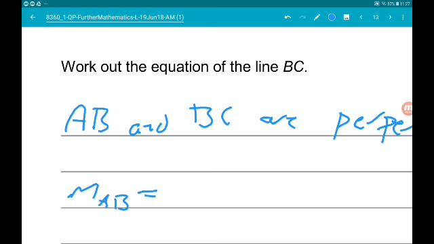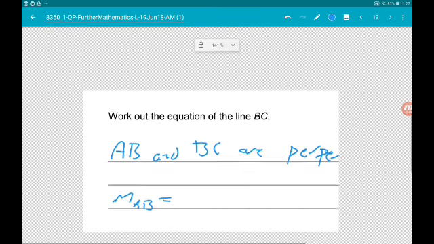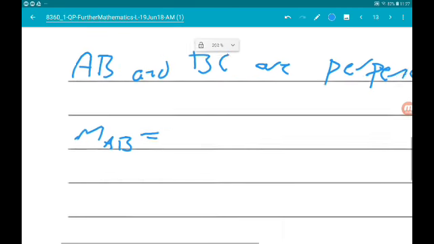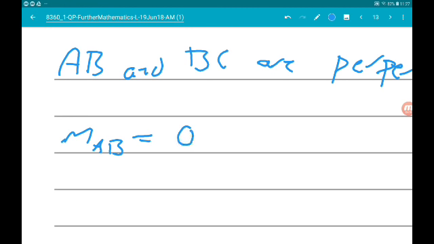So I'm going to do the coordinates at A minus the coordinates at B. So I'm going to get 0 minus 25 over 15 minus 0. Now that's going to give us minus 25 over 15, which is minus 5/3.